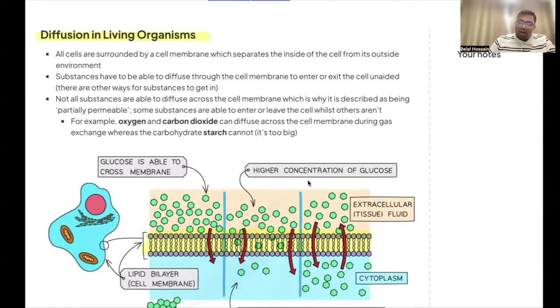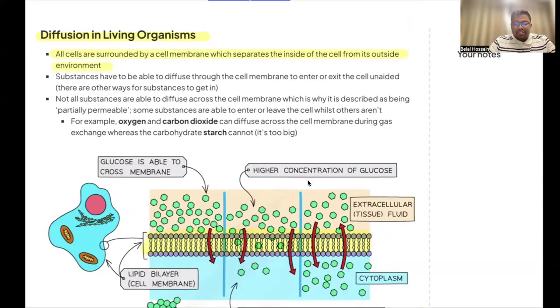First of all, how does a cell membrane behave? Remember, we talked about how the cell membrane allows some substances to enter and exit, but others are stopped. They need permission to get in or get out. All cells are surrounded by a cell membrane, which separates the inside of the cell from its outside environment.